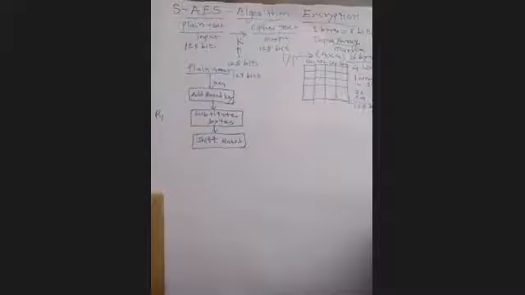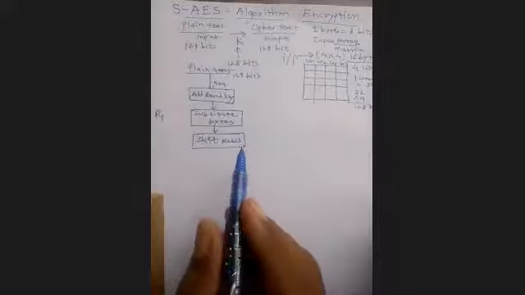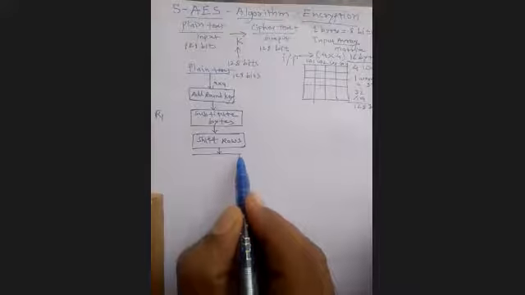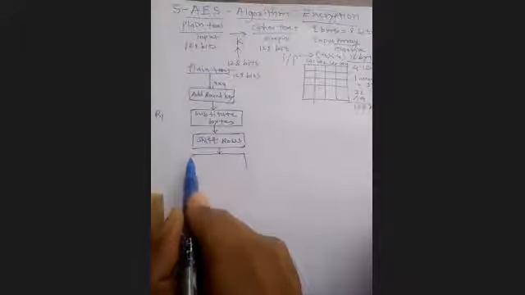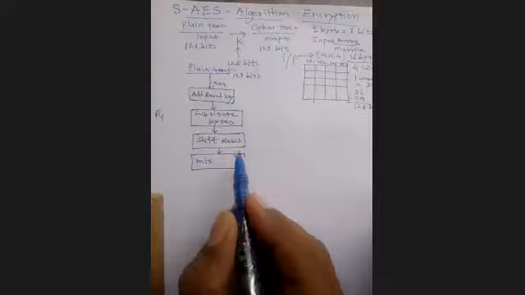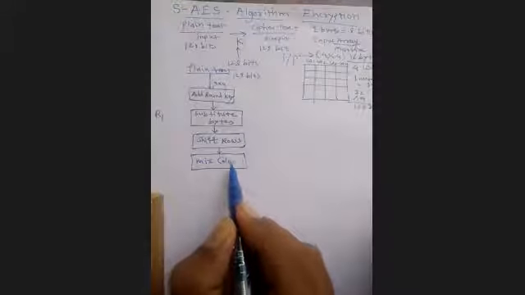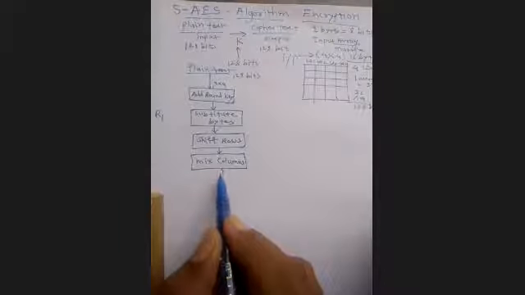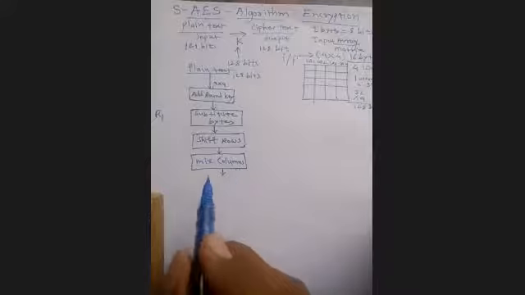Once I have done the shift rows event, then comes the mix column. You may say that is the name, mix column, or multiply the columns. So here I am writing mix columns. Now after mix columns, the next event is add round key.